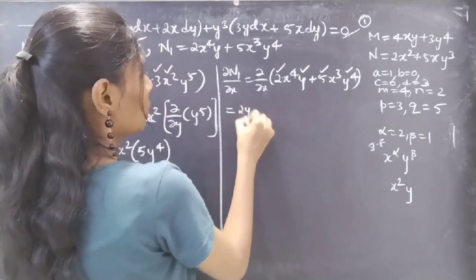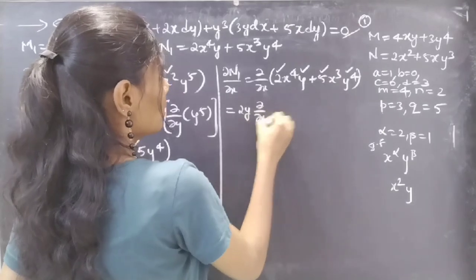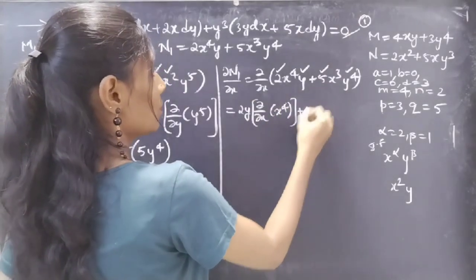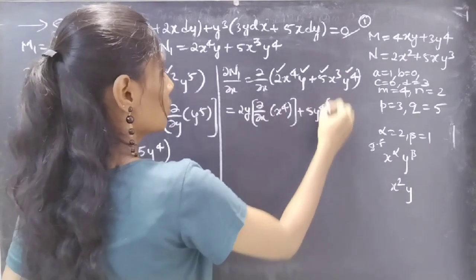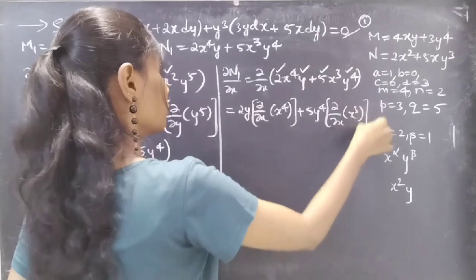You can write the above expression as 2y into the partial derivative of x⁴ with respect to x, plus 5y⁴ into the partial derivative of x³ with respect to x.